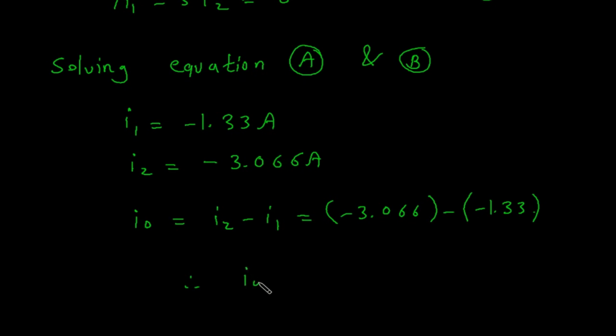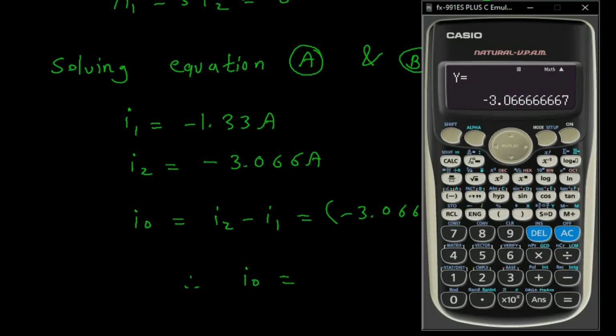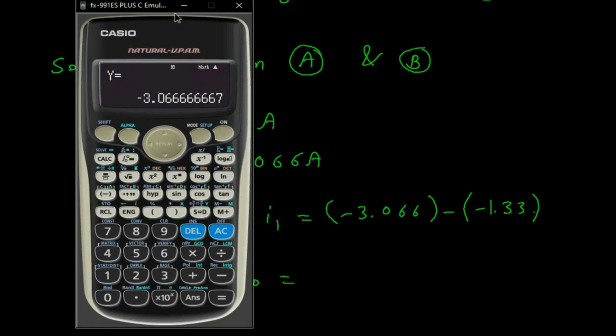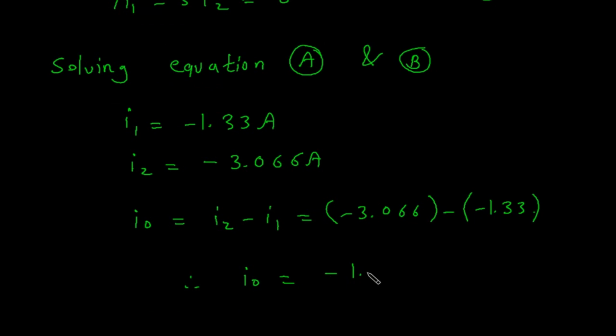Therefore, I0 is equal to minus 3.066 plus 1.33, which is minus 1.736 ampere.